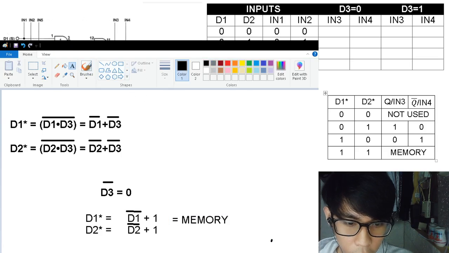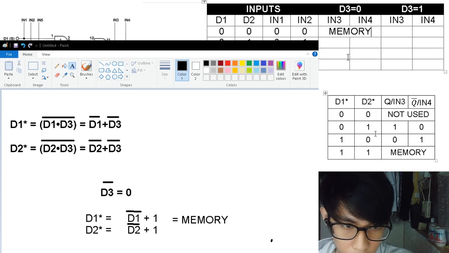Now we can ignore whatever the values of in 3 and in 4 are, since it will be equal to a memory.